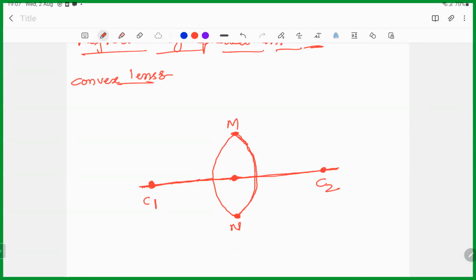F1 will be the middle of the point O and C1. This is called the principal axis. If the light is traveling along the principal axis, what will happen?